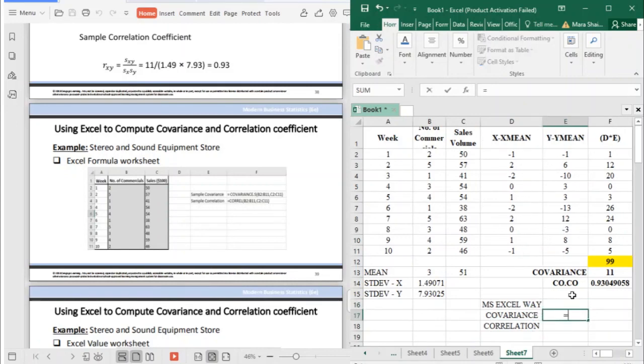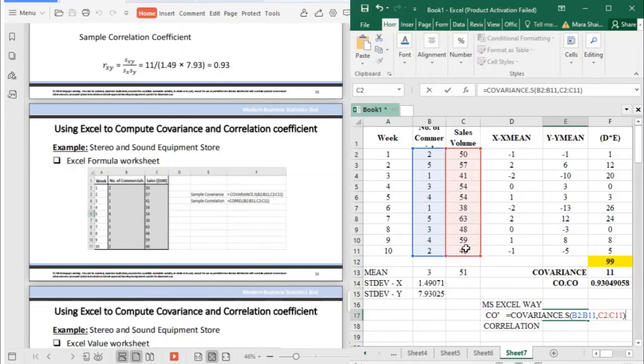Okay, so if you do it the Excel way, just simply use covariance. So again, you have two options, .P and .S. P for population, S for sample. And then array 1 is your X, array 2 is your Y. But it doesn't really matter even if they are interchanged.